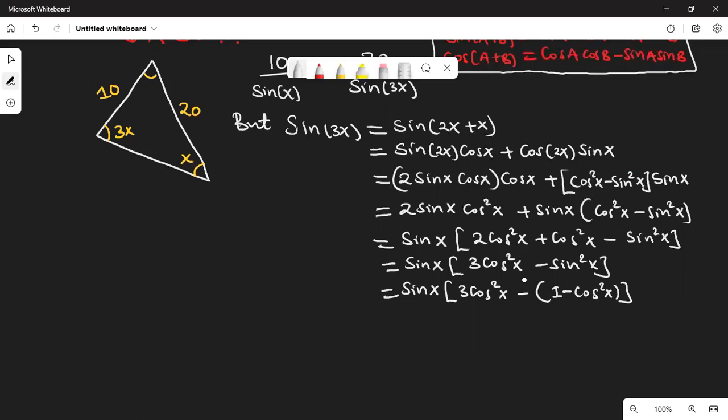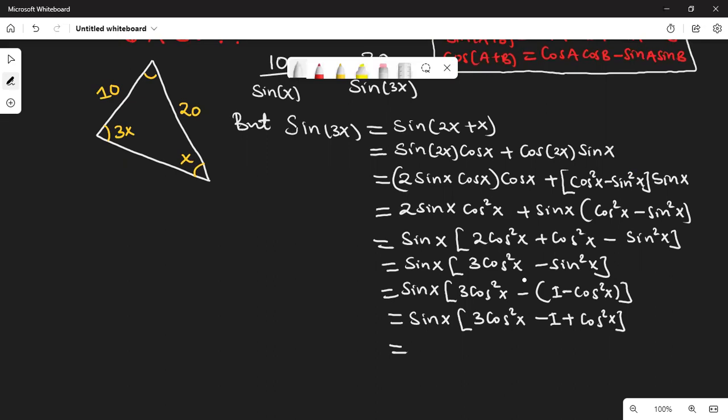So when I open the bracket inside, the innermost bracket will have sine x, then this will be 3 cos squared x minus 1 plus another cos squared x. A negative times a negative gives us a positive. So I can now combine the 3 cos squared x and another cos squared x.